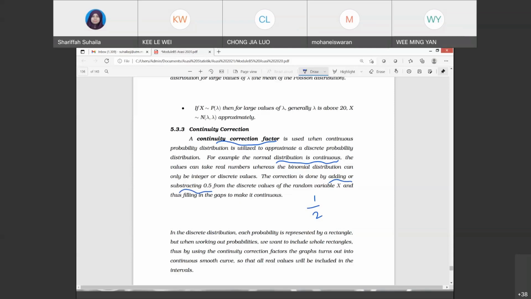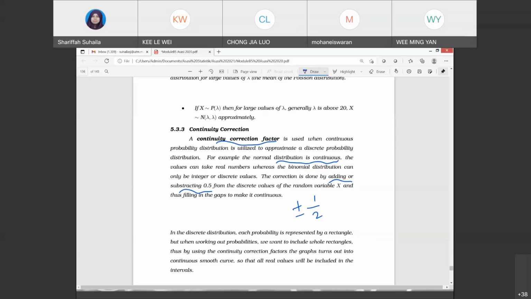So if we use a correction factor to change from binomial to normal, you have to add or subtract 0.5 from x. It depends on whether you have probability x greater than, or greater than or equal, or probability x less than, or x less than or equal.